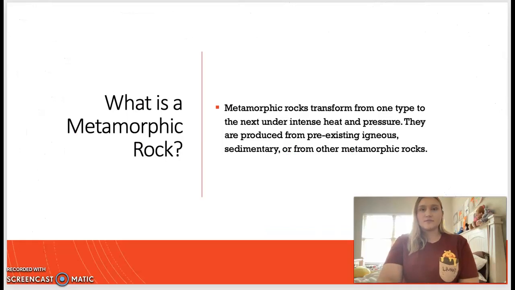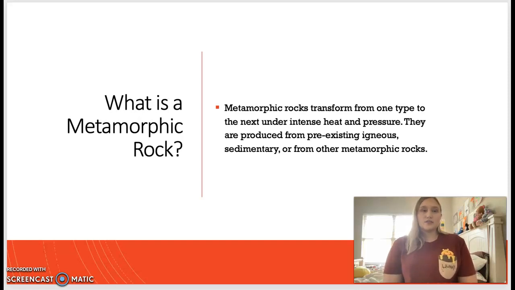So let's get started. What is a metamorphic rock? Metamorphic rocks transform from one type to the next under intense heat and pressure. They are produced from pre-existing igneous, sedimentary, or other metamorphic rocks.